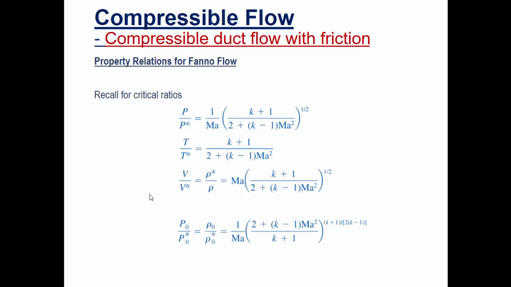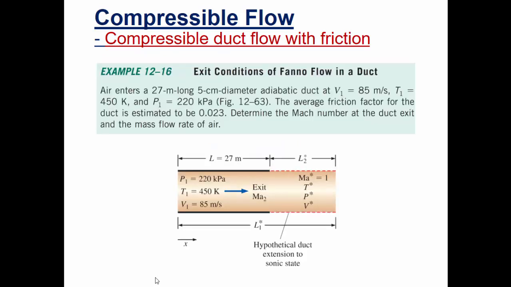Please note that all of these critical ratios will be given to you in the table if you require it for your calculation. So rest assured, don't worry. If you can remember all of these critical ratios, it is good for you. But if you can't, a reference will be given to you in the table later.